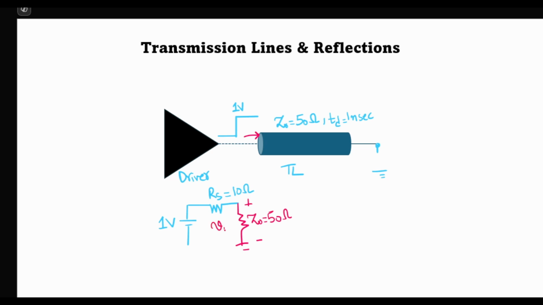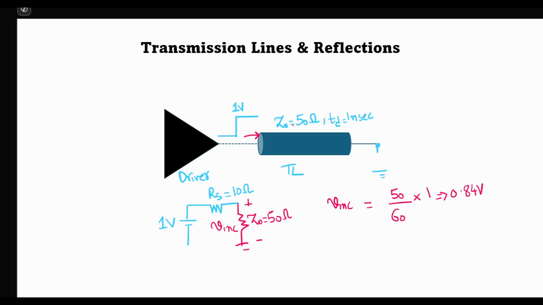So let's call this V incident. So in order to calculate, we just use the voltage divider formula to find out the voltage across Z0, which would be 50 divided by 50 plus 10, which will be 60 times 1 volt, and this gives an output of 0.84 volts. So the actual signal launched into the transmission line is 0.84 volts.